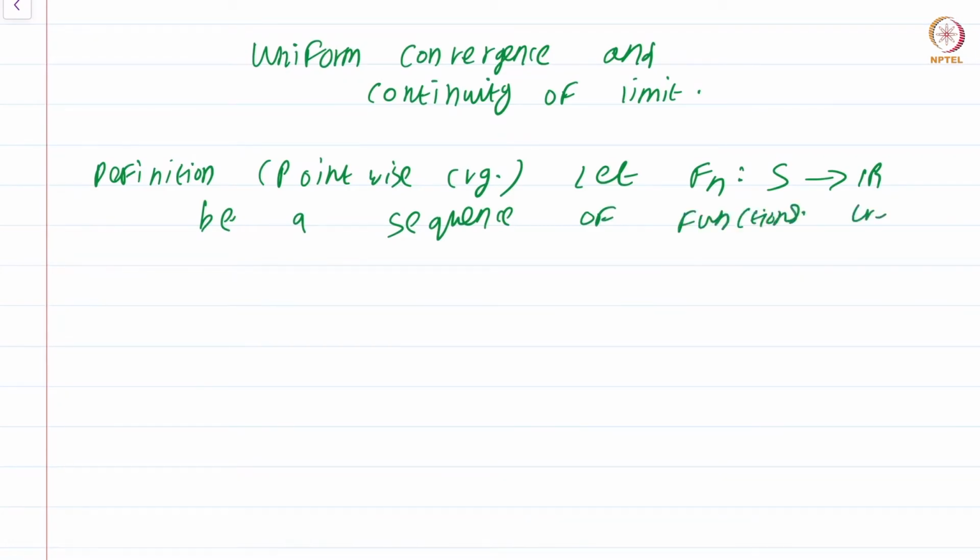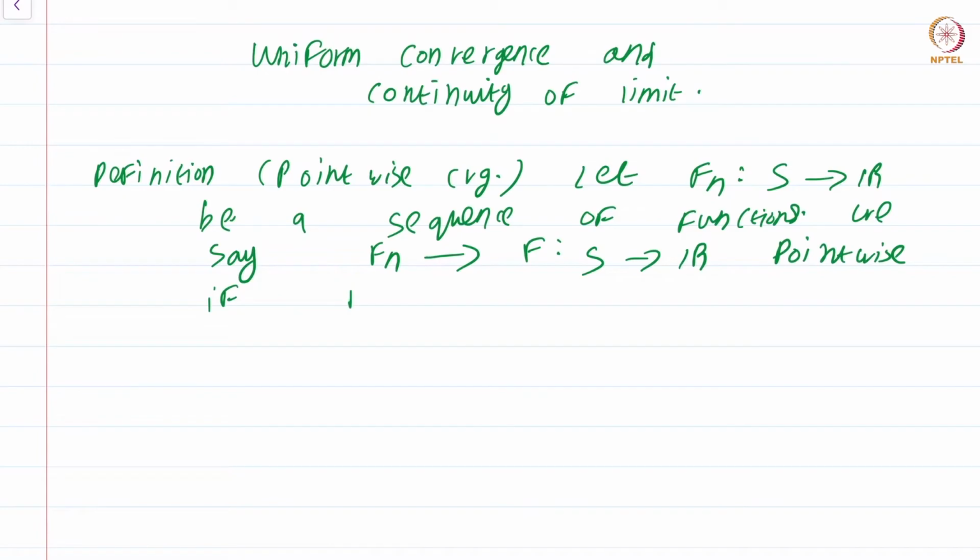We say Fn converges to the function f from S to R pointwise if for each x in S, Fn(x) converges to f(x).